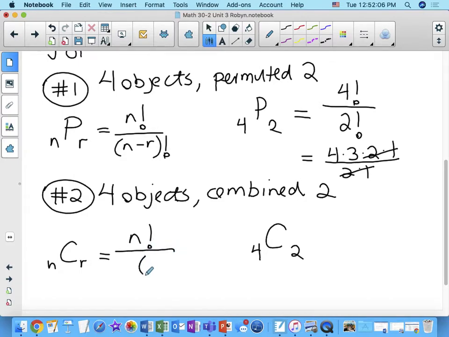So it's still n factorial over n minus r factorial, but there's also r factorial in the denominator. So it's n factorial over r factorial times n minus r factorial. So we've got this extra r factorial in the denominator.